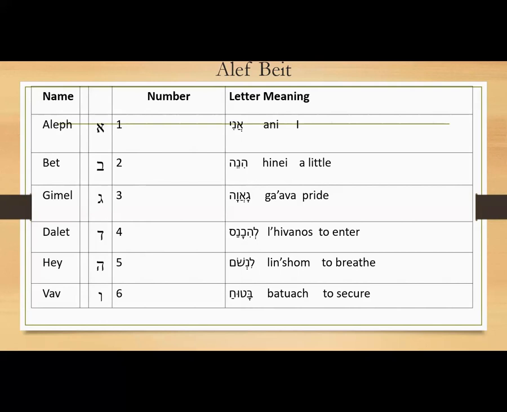Lehivanos is to enter. Now, remember I said to you, when the word like that has got the to on it, like here, to enter or to breathe or to secure, you've got to use it like that in your sentence.